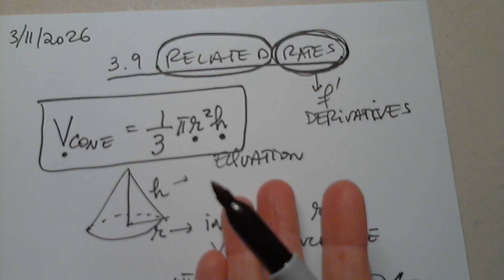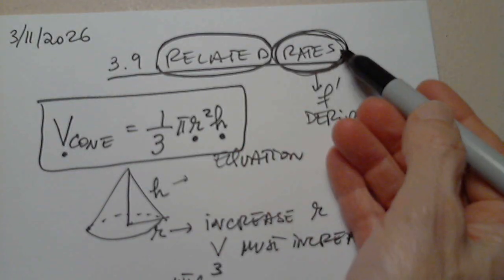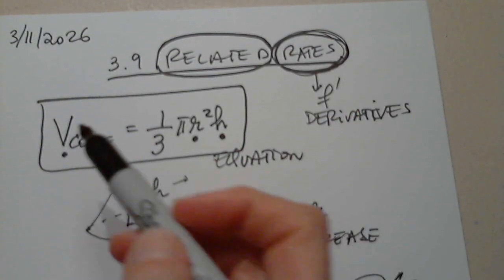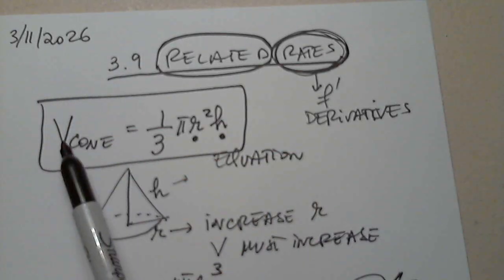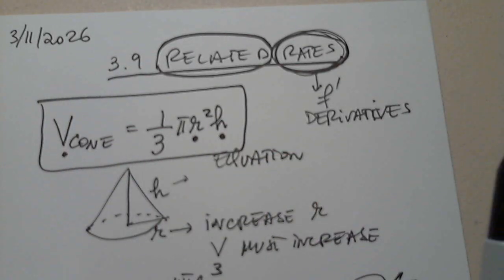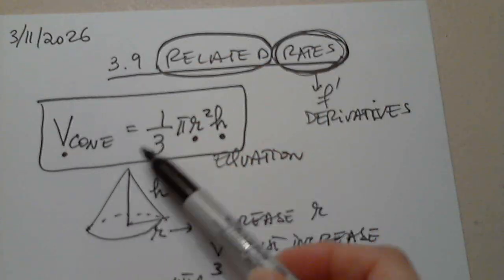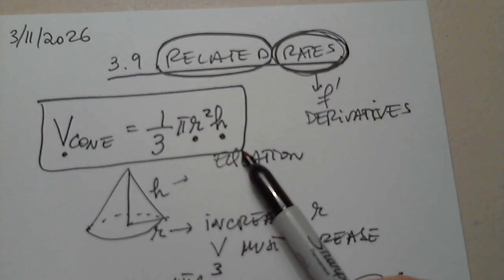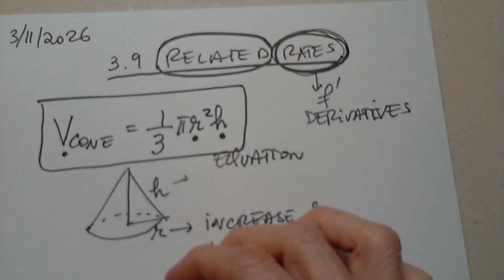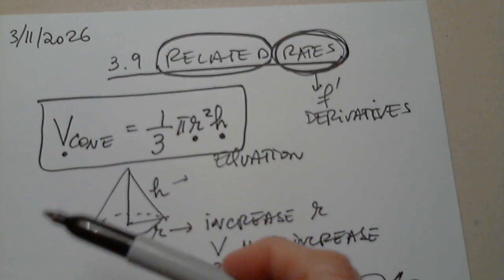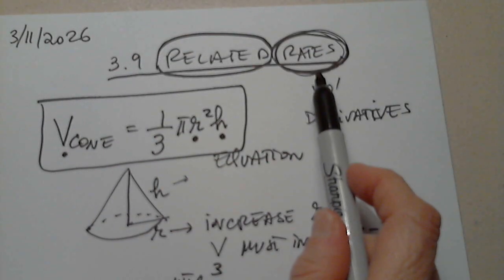That's all it means. So when we say related rates, we obviously start with an equation in which we have whatever number of variables. And when we differentiate both sides, as we did implicitly last time, we're going to get a new equation that relates their derivatives.